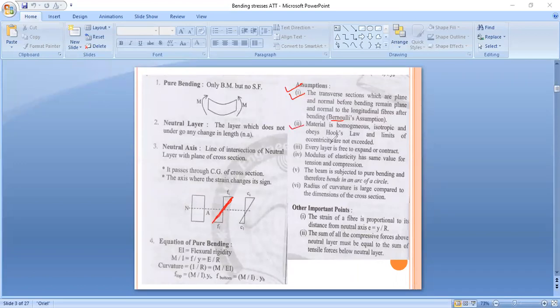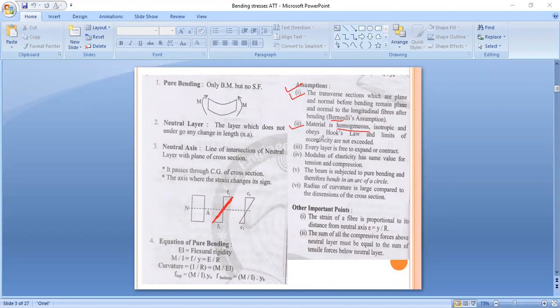Then the second assumption: material is homogeneous, isotropic and obeys Hooke's law, and limits of eccentricity are not exceeded. So first is homogeneous. What is meant by material is homogeneous?